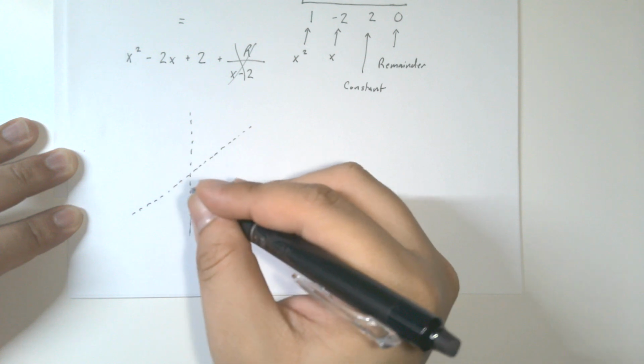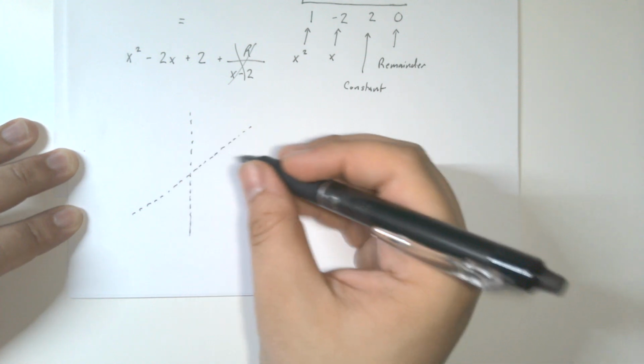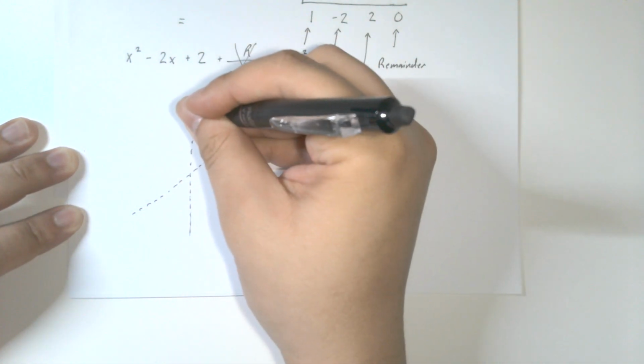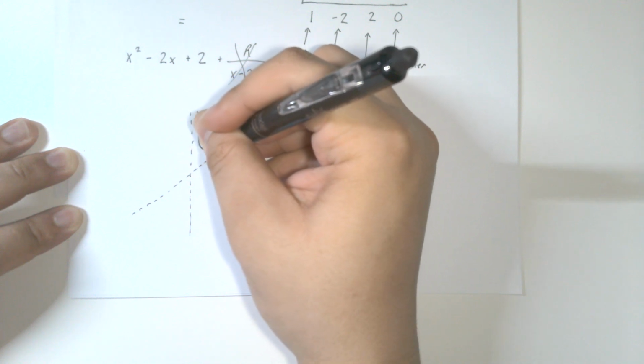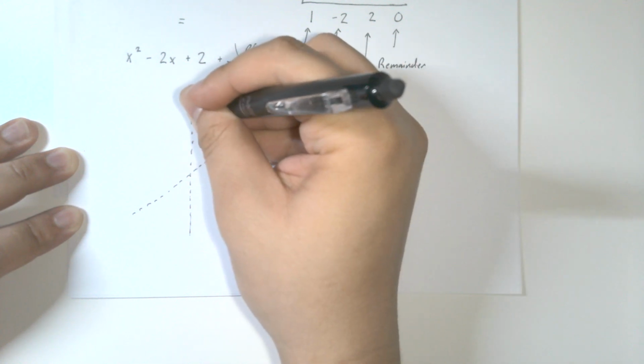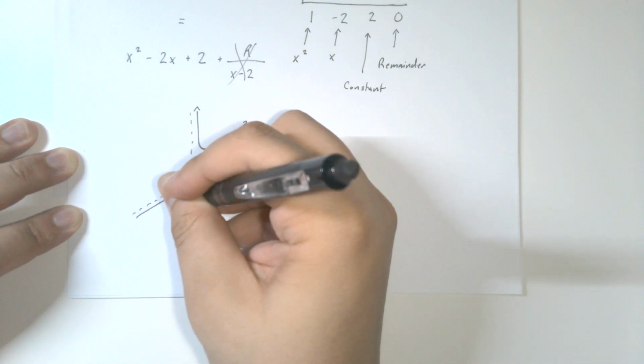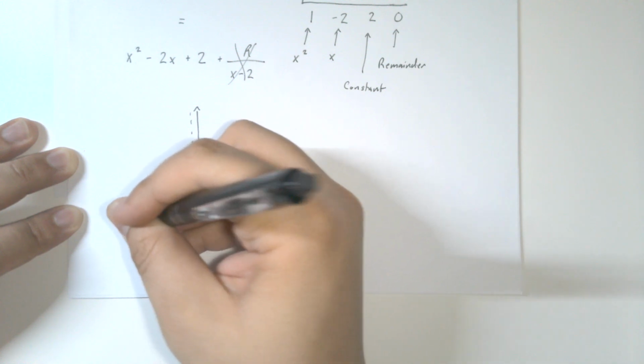So it's not horizontal, but it's not vertical either, it's slant. And so very often we see functions that will follow a slant asymptote like this. Still works like any other asymptote, it doesn't touch it.